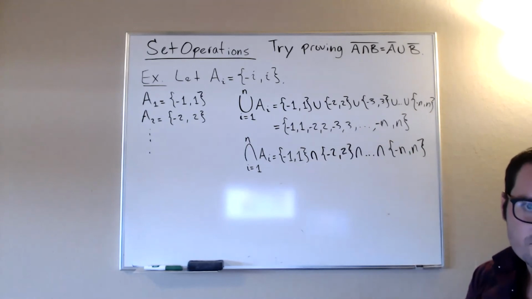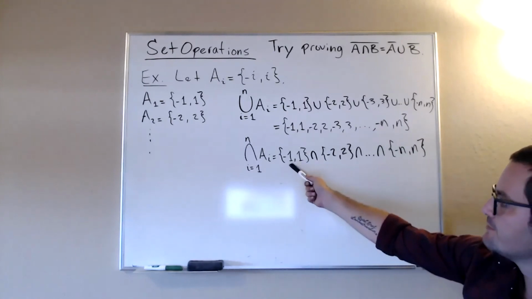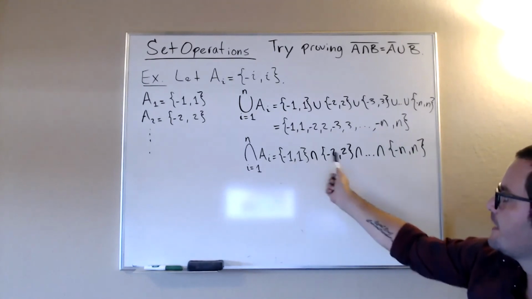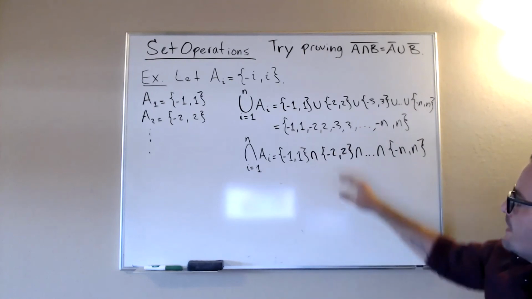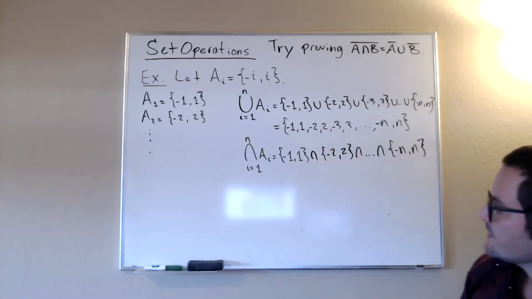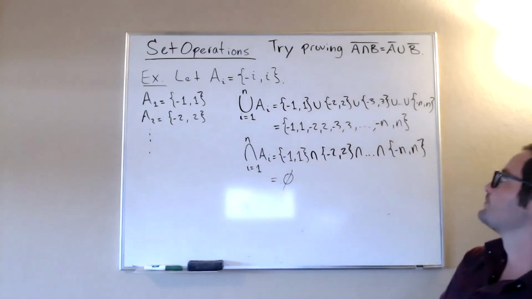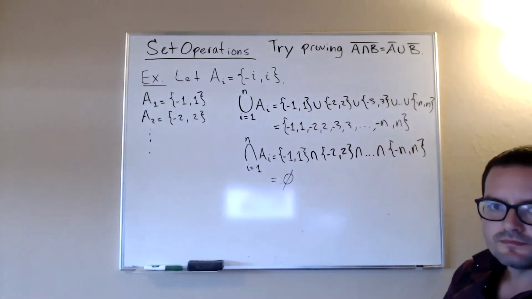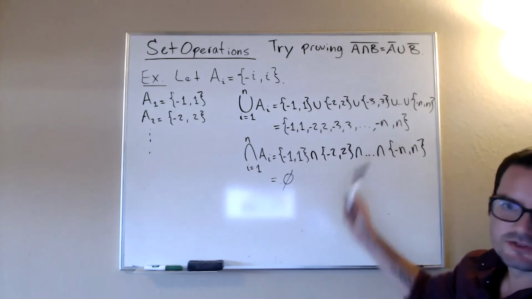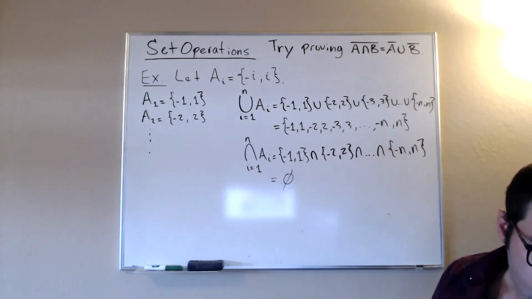Is there anything that is shared between those? No, right? This only has negative 1 and 1. This only has negative 2. So that's going to be empty. And then none of these other sets will share anything with them, right? So this is actually going to be the empty set, because these are all disjoint from each other. They don't share any common elements. Okay?